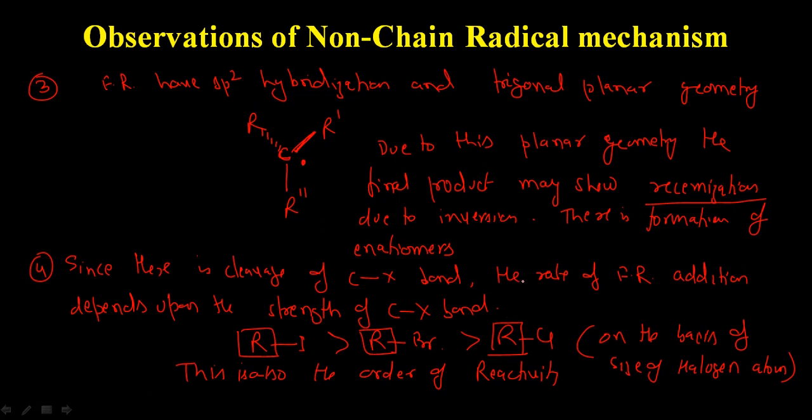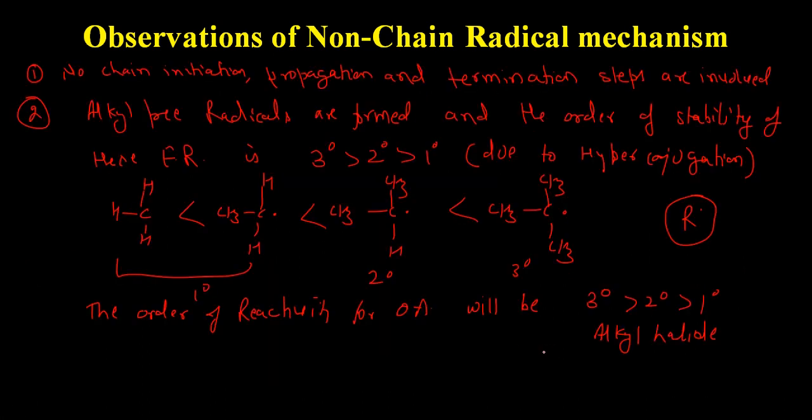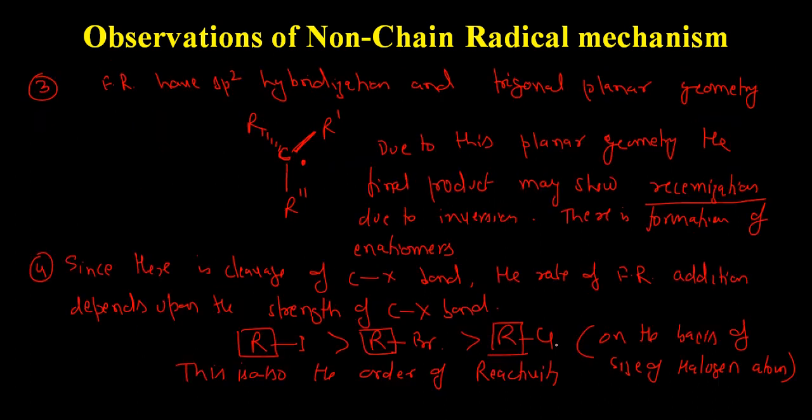So these are the four very important observations of the non-chain radical mechanism. The first one was there are no chain initiation, propagation or termination steps. Second, free radicals have the order of stability tertiary, secondary and then primary, hence the order of reactivity for different alkyl halides is tertiary alkyl halides reacting faster than secondary alkyl halides, than primary alkyl halides.